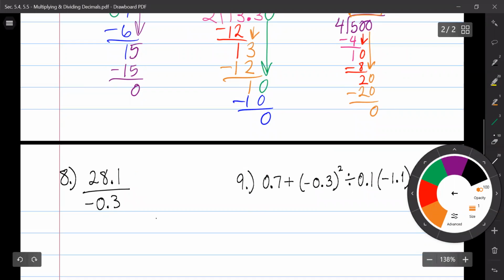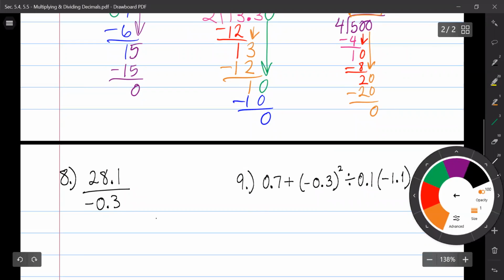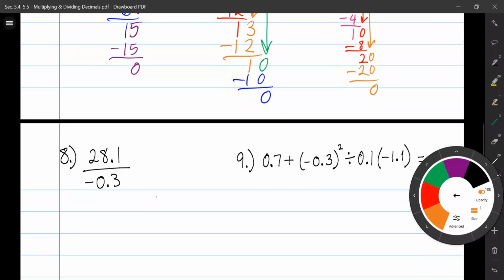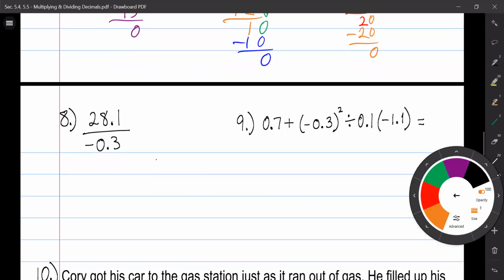All right, so number 8 says 28.1 divided by negative 0.3, or I guess you might say 28.1 over negative 0.3, but that's exactly the same thing as saying 28.1 divided by negative 0.3. So it's a positive divided by a negative.